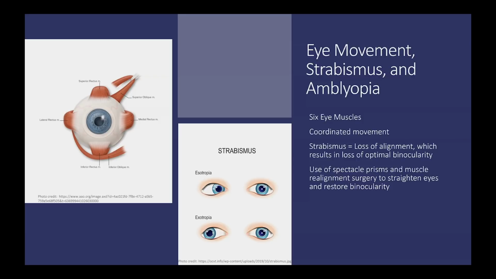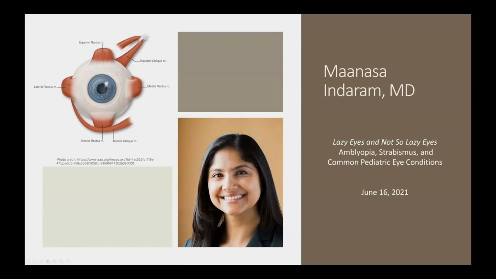And when those don't work or they're out of balance, you have problems like strabismus, which is crossed eyes, or lazy eye, amblyopia. And Dr. Manasa Indaram is going to talk about strabismus, amblyopia, and other pediatric eye diseases and how we can treat those to help preserve a lifetime of vision.